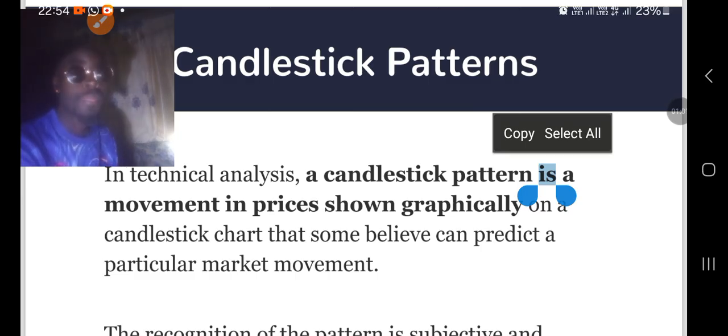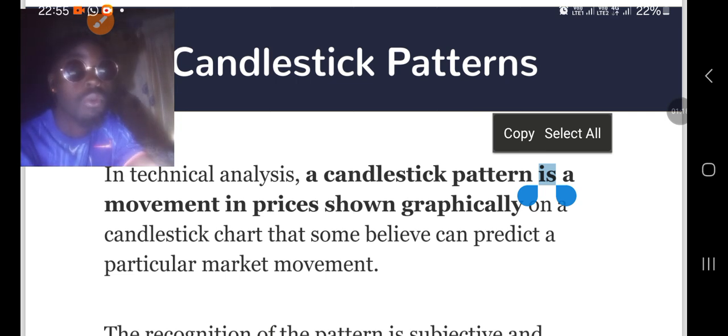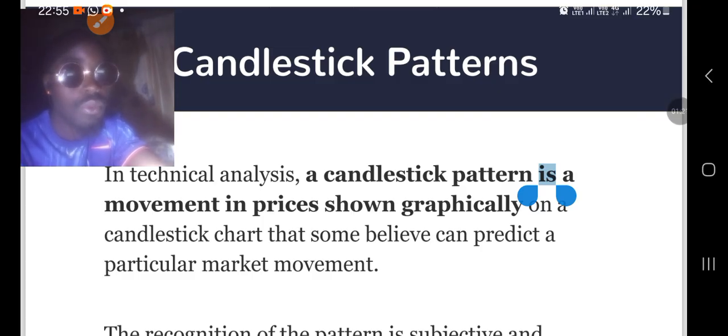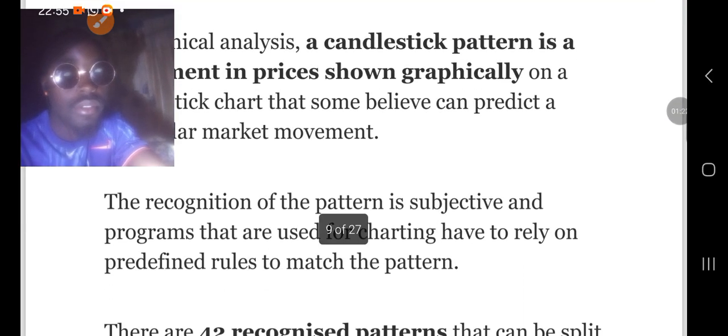How will the market be moving in the next 2 hours? So let's move on.